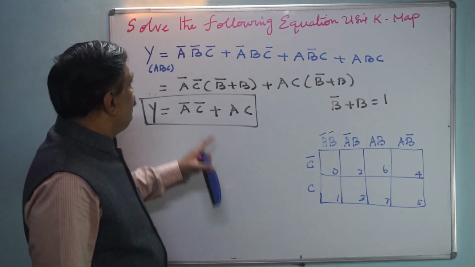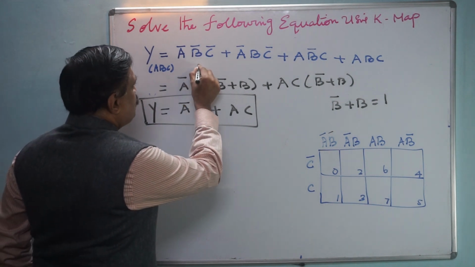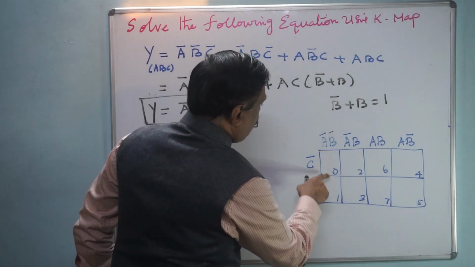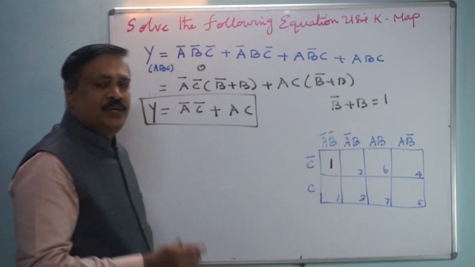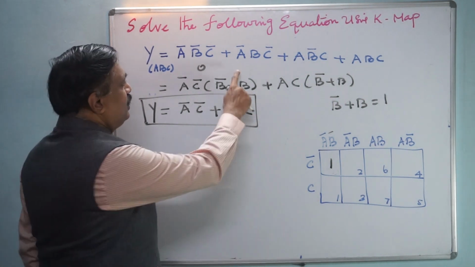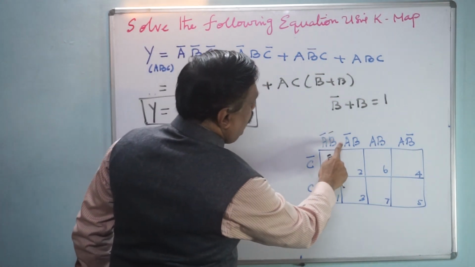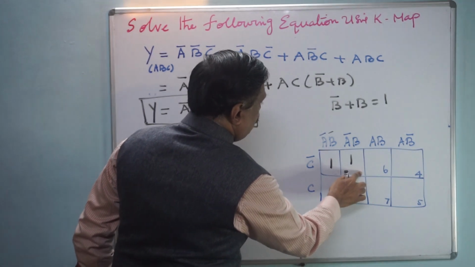Now in the K-map you have to substitute. How I have written, this is for 0. Now you have to substitute 1. If the particular min term is given, you substitute 1. And here A bar, B, C bar, that means substitute 1. These numbers you can remove, not required.